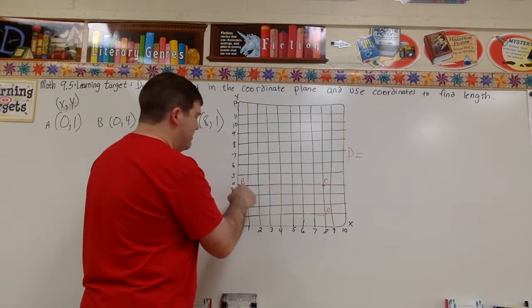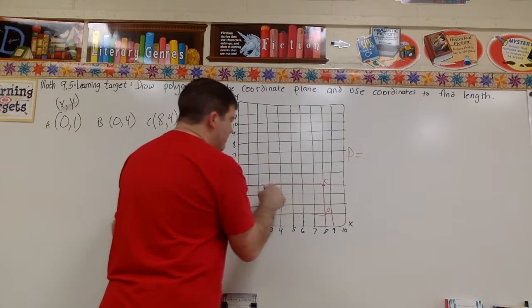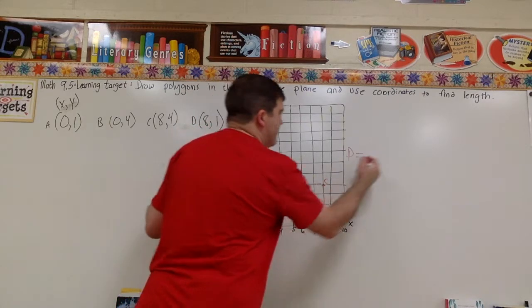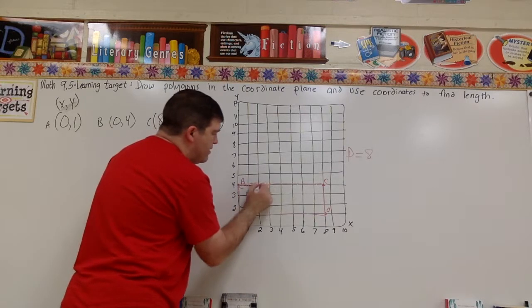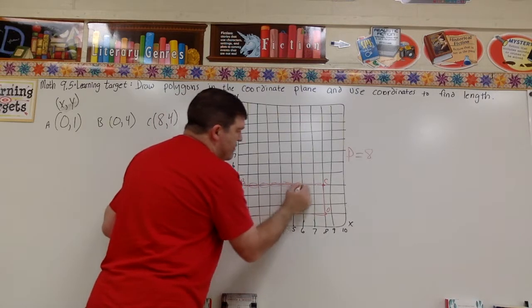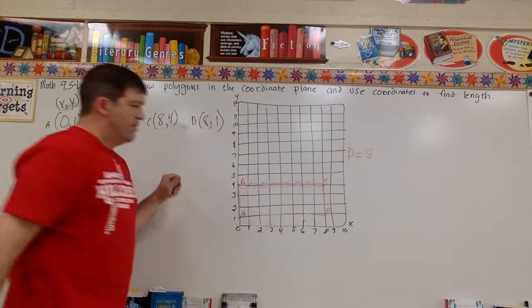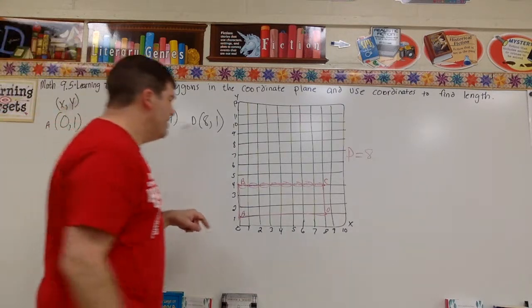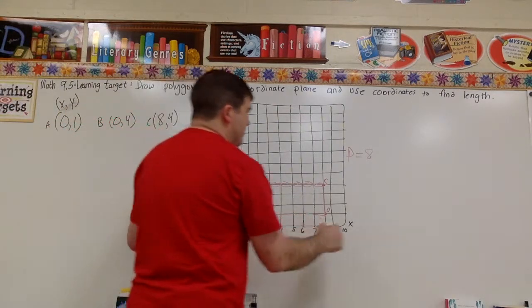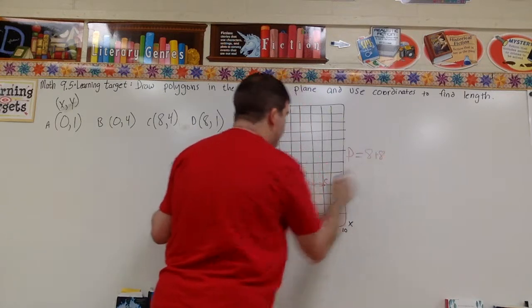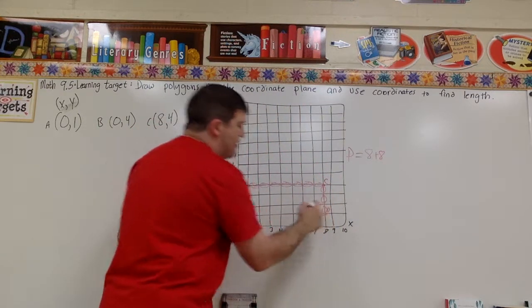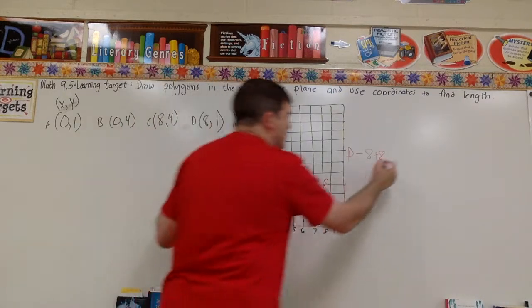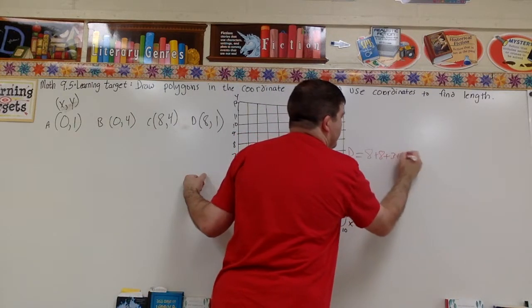So this side is 1, 2, 3, 4, 5, 6, 7, 8. Okay? And the way I do it, here's 1, 2, 3, 4, 5, 6, 7, 8 units. 8 units. Okay? Now, if that's 8 units, I know this is 8 units. So I got to add 8 plus 8. And then this is 1, 2, 3. And this would be 3 plus 3 plus 3.